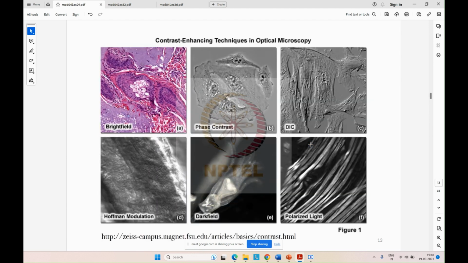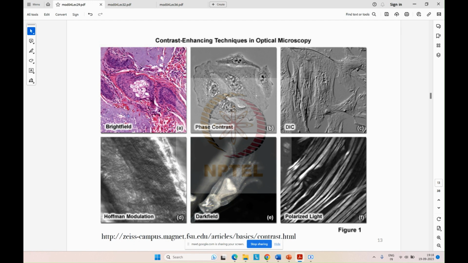These are the different kinds of light microscopes. Bright field is normal white light passing through the sample. Dark field is the opposite of bright field.